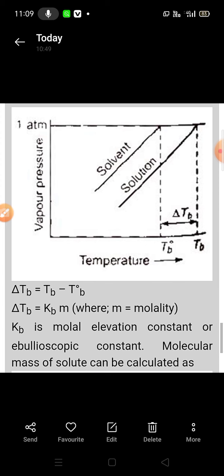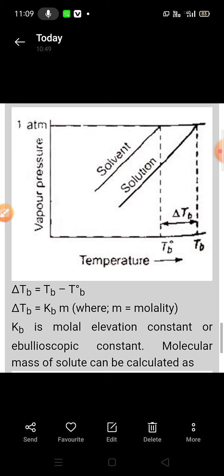Here delta TB equals KB into small m. Small m represents molality, and KB is the molal elevation constant or ebullioscopic constant.